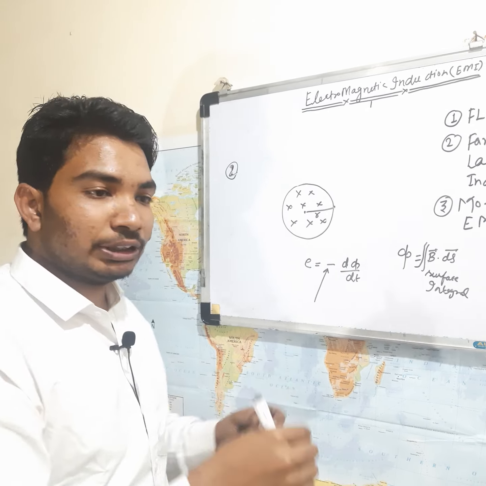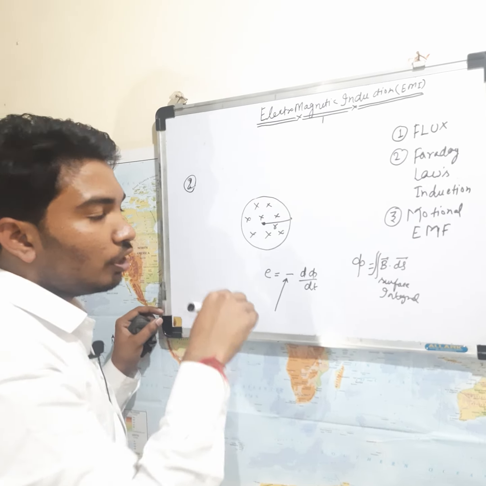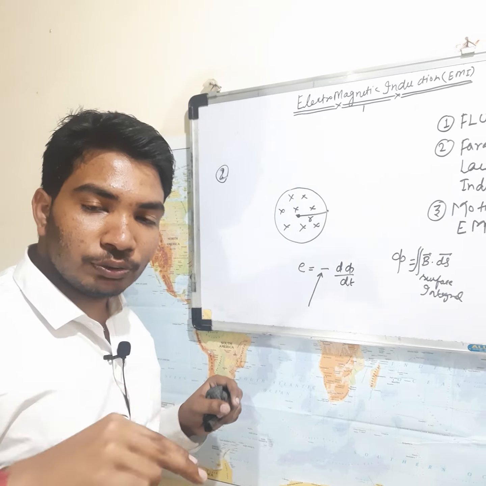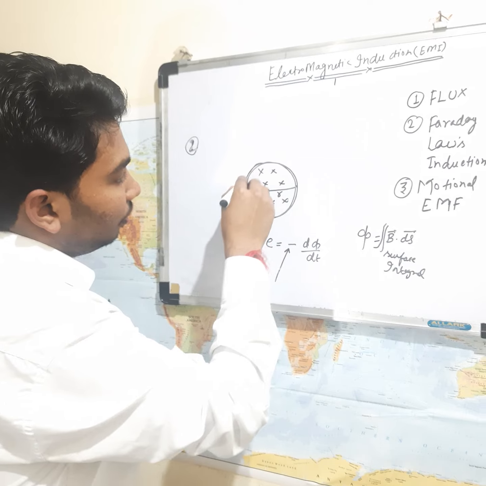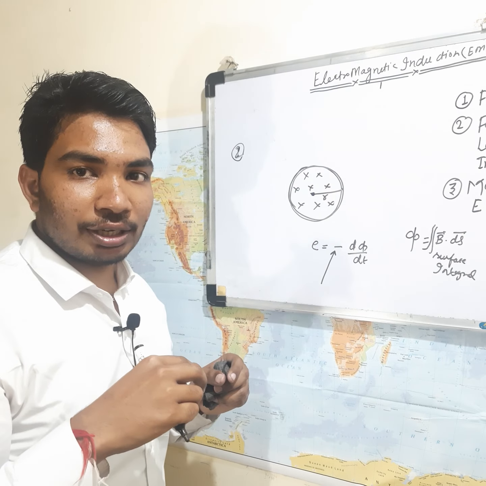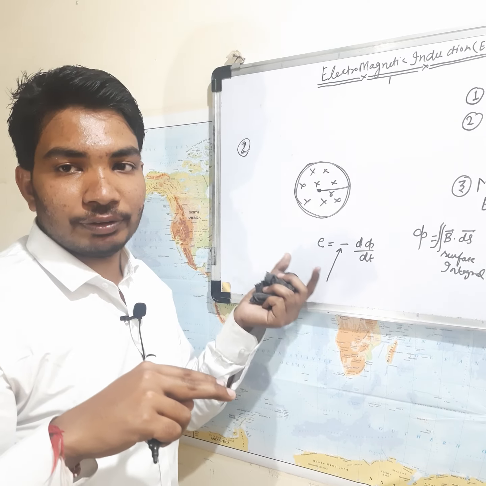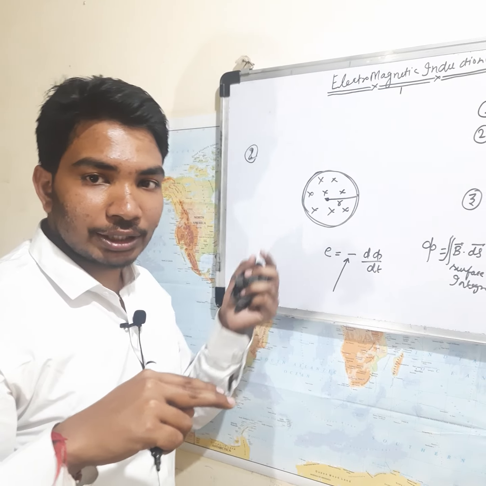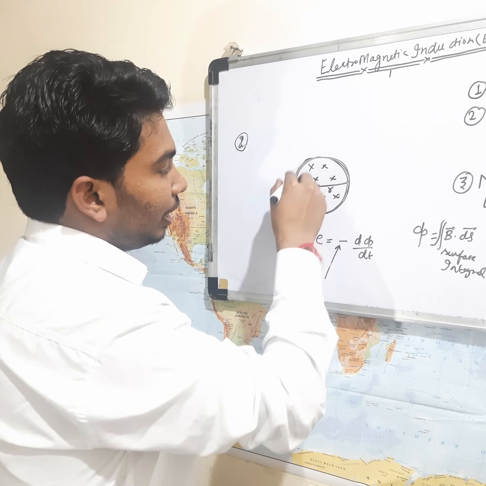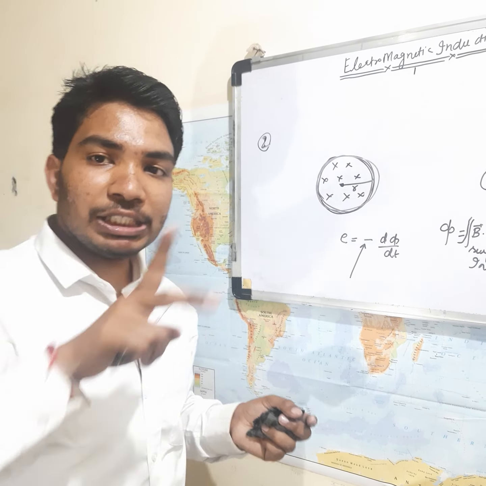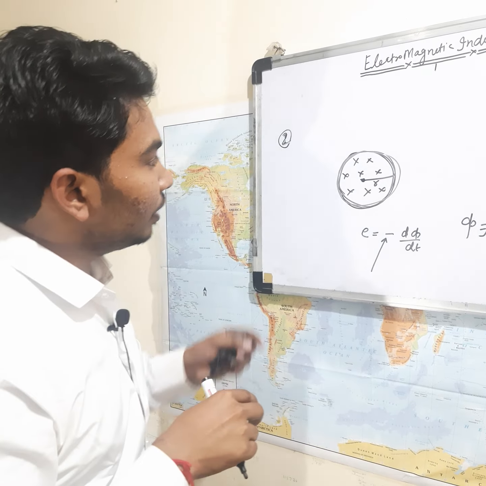In this coil, the magnetic field is changing, which produces a changing flux, and that induces an EMF. The negative sign means the induced EMF opposes the change, producing a magnetic field against the magnetic field that already exists in the space.